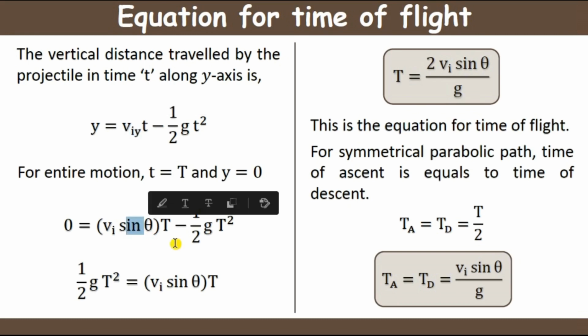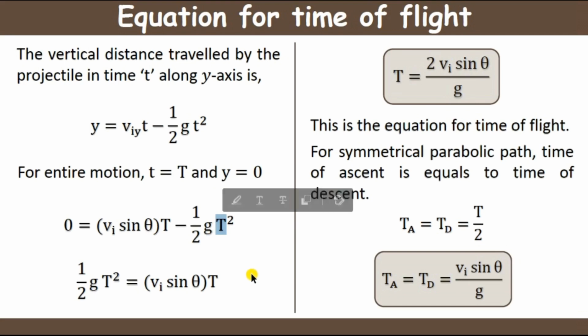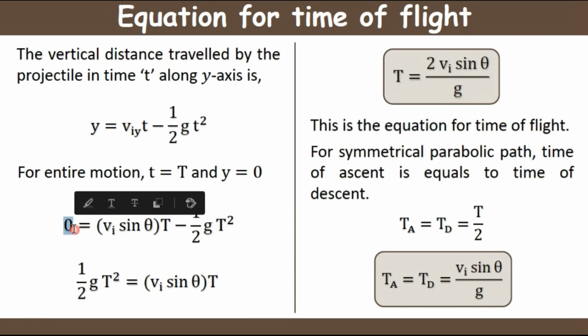I'm substituting it over here, and this is my time of flight, so I'm just replacing it to have a variation for the t over here, and I'm rearranging the equation. Why have we written 0 here, do you remember? At the maximum height, the velocity we have is going to be 0, so that's going to be 0 over here. So the rearrangement is going to give us the time of flight over here.